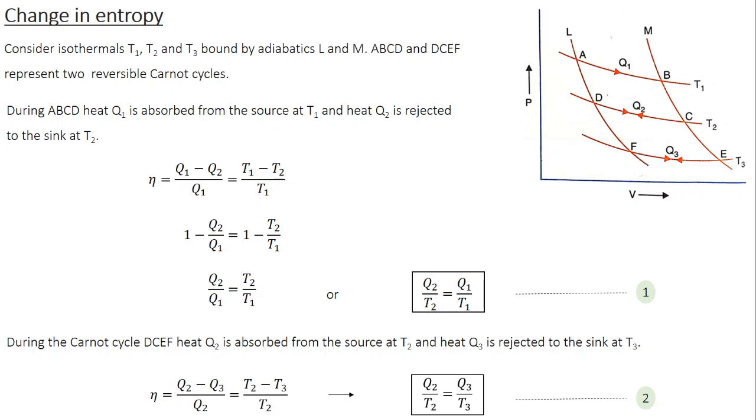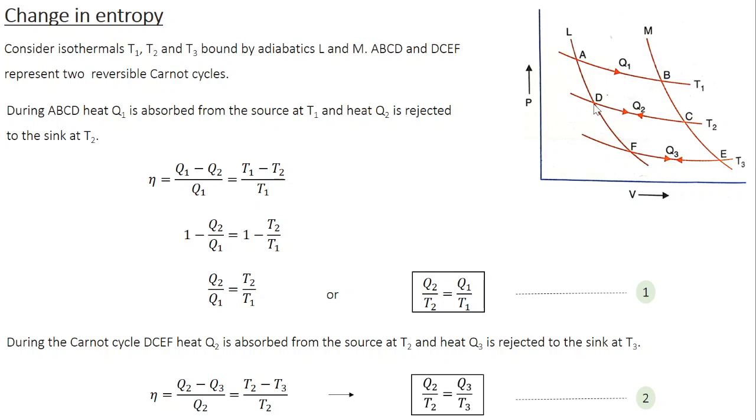Okay. So when you compare these two, you can write 1 minus Q2/Q1 equal to 1 minus T2/T1. One factor is common on either side. Cancel that. You get Q2/Q1 equal to T2/T1. Or when you interchange the diagonal terms, you get Q2/T2 equal to Q1/T1.